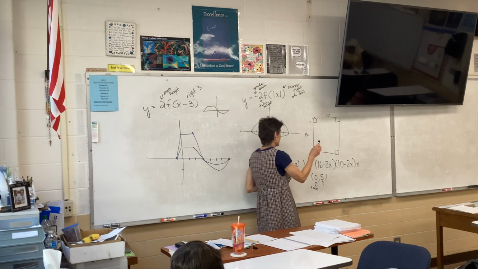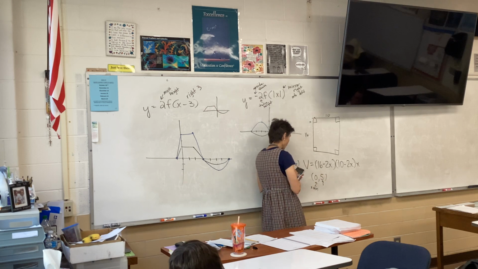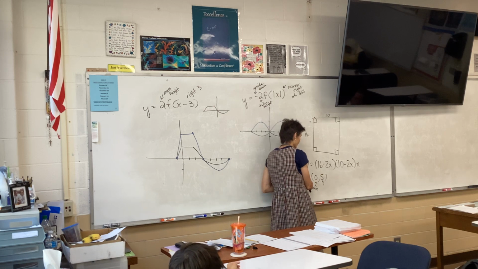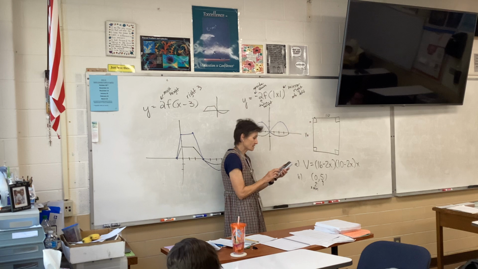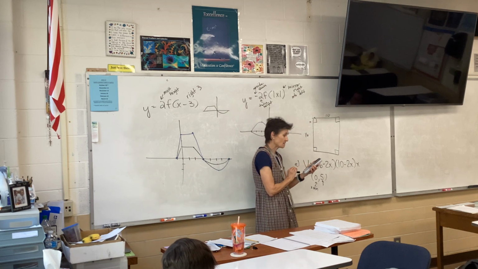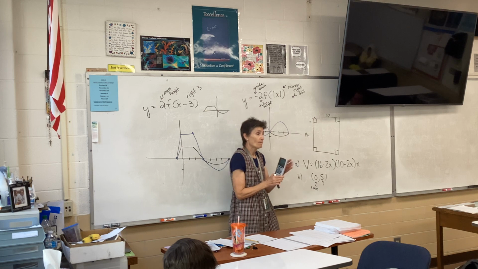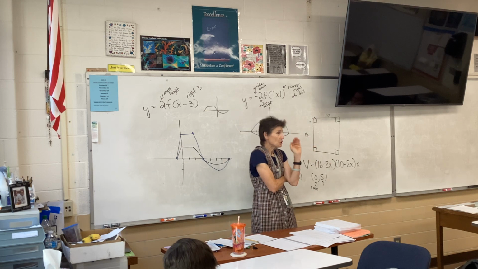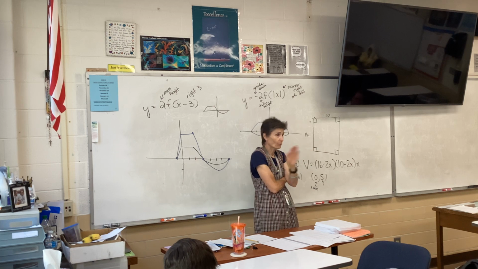Everybody is going to Window and typing x min as 0 and x max as 5. Remember, we're only changing x min, x max, y min, y max. Don't worry about the rest of it.